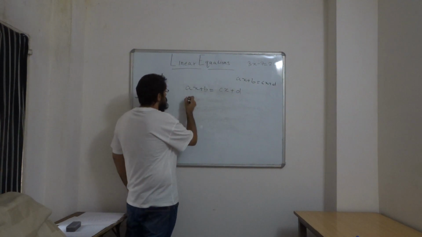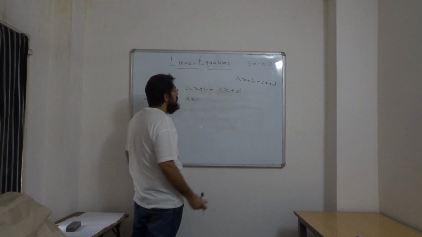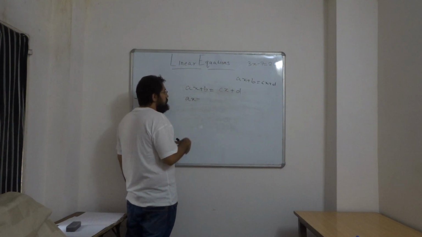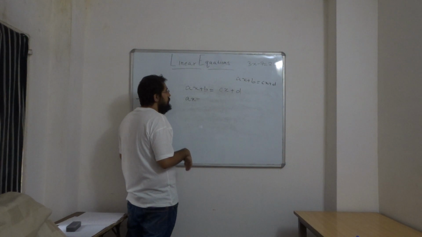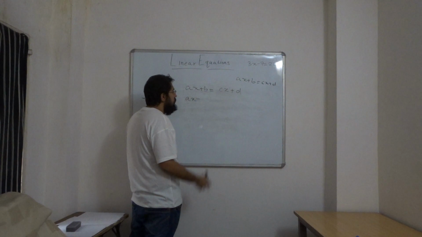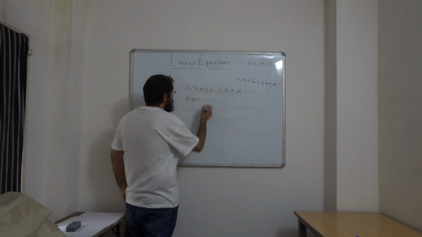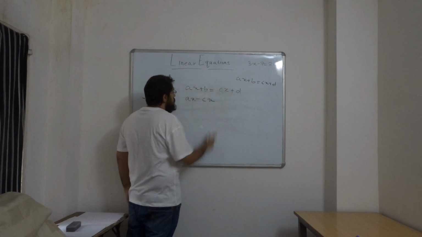Okay, so the first thing that you have to do here, guys, is you get ax. Okay, and then there's nothing in front of cx, so it's positive. When cx is transposed to the left hand side from the right hand side, because it's positive on the right hand side, when it comes to the left hand side, it'll be negative, so you'll have minus cx.